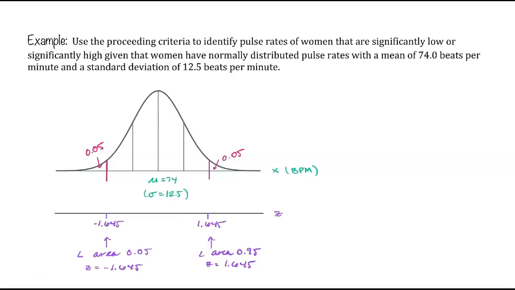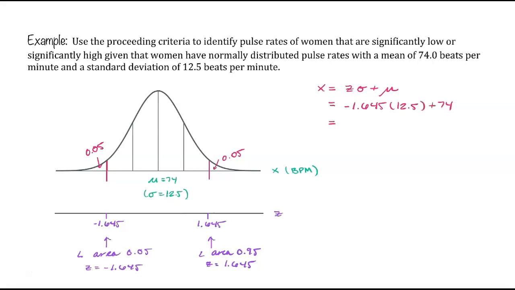Translating these scores to x values, or beats per minute, will give us our thresholds for significantly low and significantly high. Starting with our z-score to the left, we find the corresponding x value by finding z times sigma plus mu. In this case, that's negative 1.645 times 12.5 plus 74.